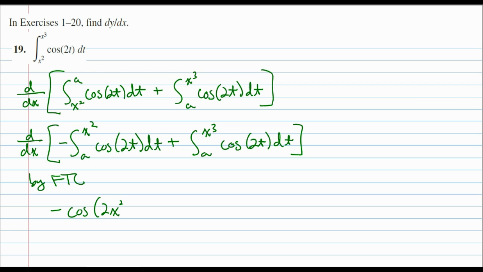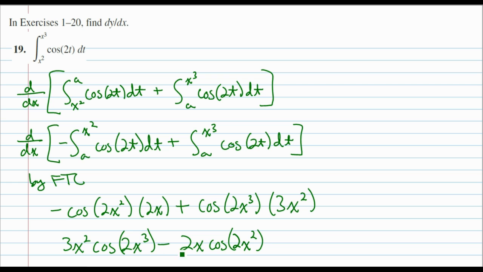But of course I have to multiply by the derivative of that variable expression, so that would be 2x. And then this one over here, x cubed, gets plugged in for t, and then I have to multiply by the derivative of x cubed, which is 3x squared. You can simplify and put the positive term in front if you would like, and your final answer would look something like that.